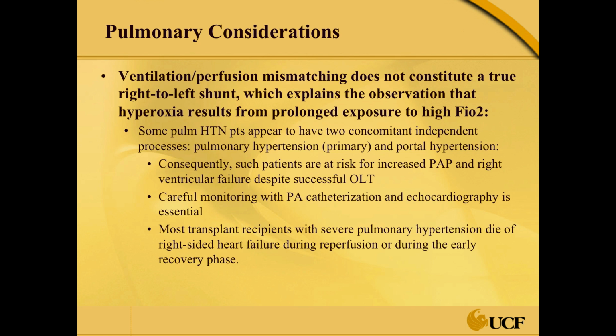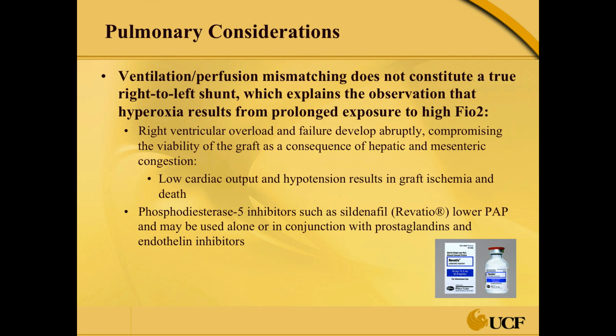Most transplant recipients with severe pulmonary hypertension do in fact die of right-sided failure during reperfusion. So they blow out that right ventricle. They end up dying in the early recovery phase as a consequence of this. This is what I mentioned earlier of why it's so incredibly important to monitor your right-sided pressures in these post-op patients who are status post-liver transplant.